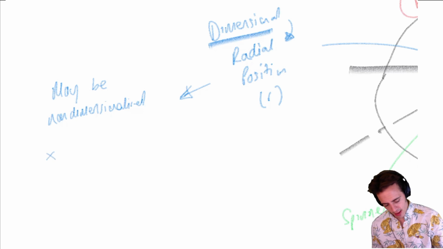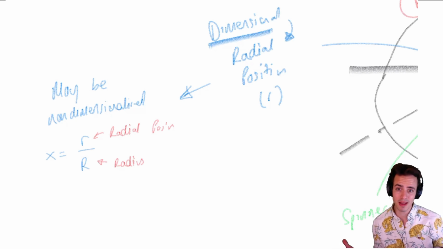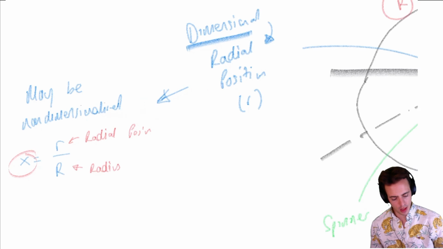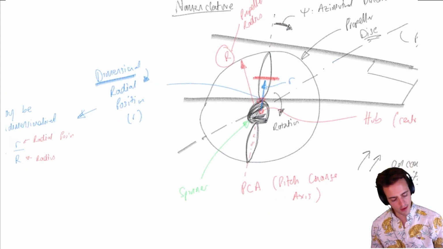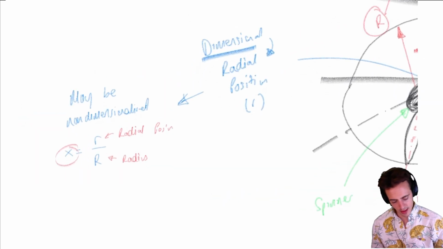So then we're going to define x is equal to r divided by R. So this value here is just the radius. The radius of a propeller might be something like 1.5 meters. And then we can have a non-dimensional radial ordinate that can vary from 0 up to a value of 1. Now, because we have the spinner here, our first part of the propeller blade is often at some value greater than 0. So it's maybe varying from 0.2 up to 1 for a propeller with a spinner in. And this is the bit here.